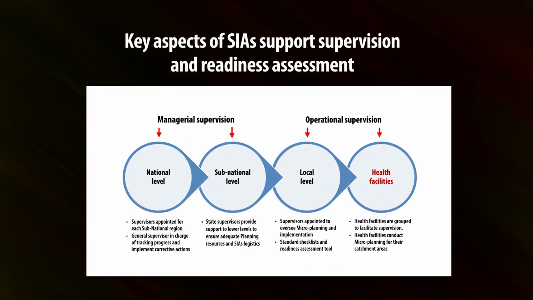Ideally, there should be one team supervisor for every 5 teams and one higher level senior supervisor for every 5 team supervisors, a kind of hierarchical structure for ensuring that the campaign is on track and to do any problem solving.